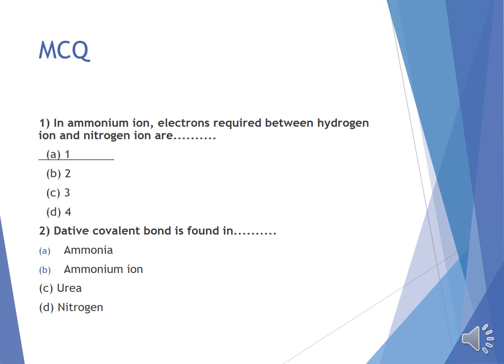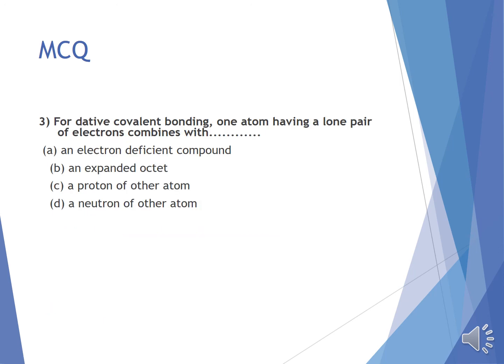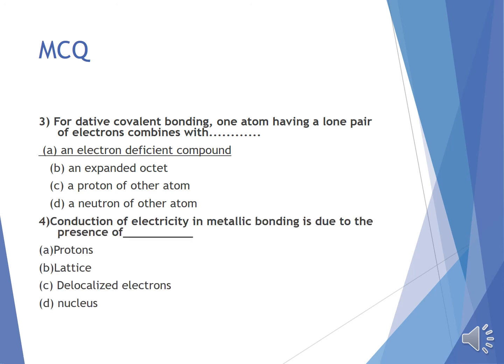Nitrogen, covalent bond. For dative bonding, one atom having a lone pair of electrons combines with an electron deficient compound to complete the octet.